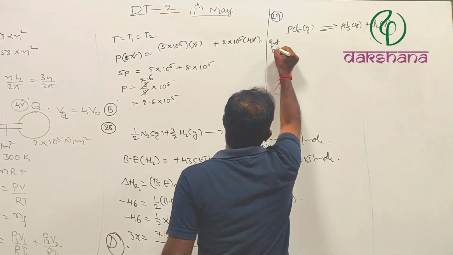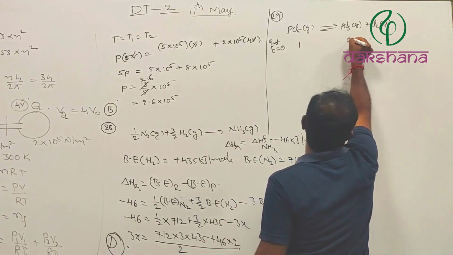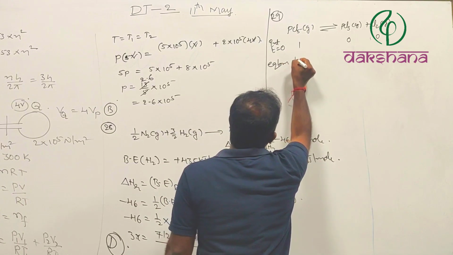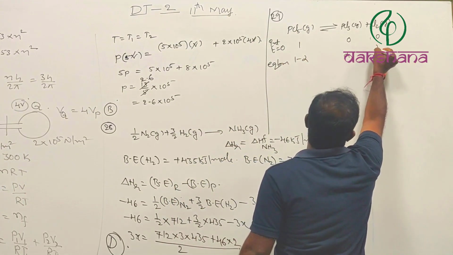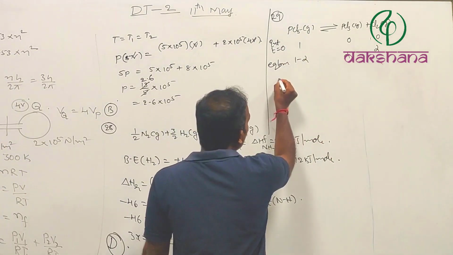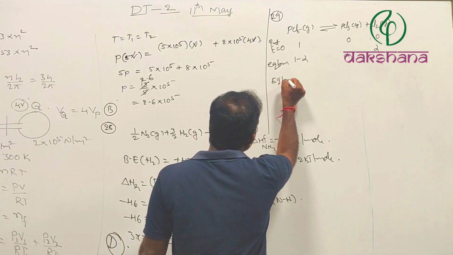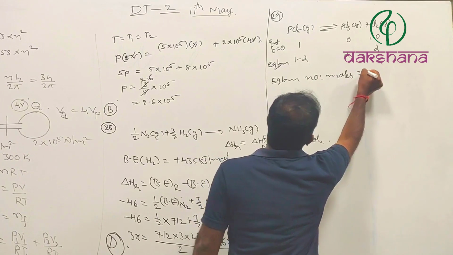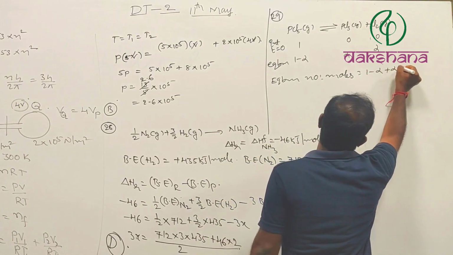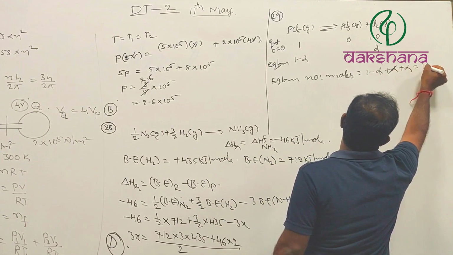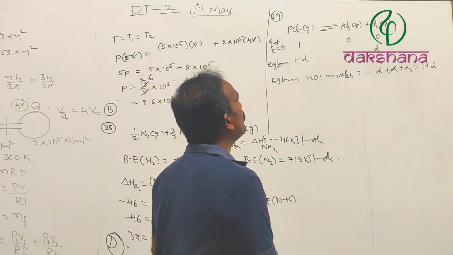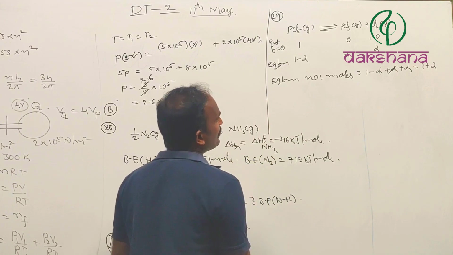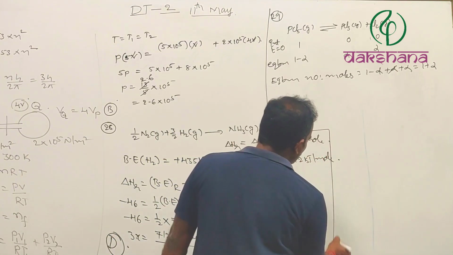Now in such a case, initially, at time t equal to 0, let it be 1, 0, 0, and at the equilibrium state it will be 1 minus alpha, alpha, alpha. Equilibrium number of moles is 1 minus alpha plus alpha plus alpha, that is equal to 1 plus alpha. Initial moles are 1. As we know, number of moles and density are inversely proportional.